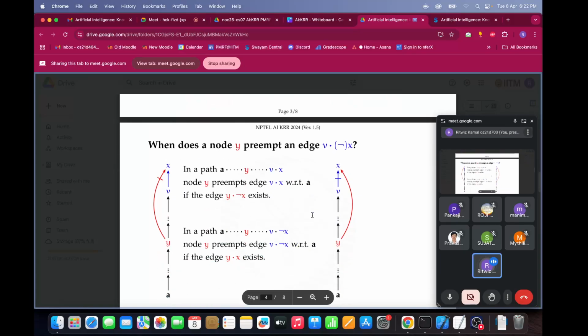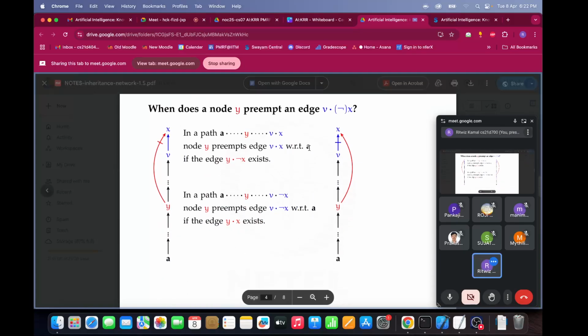First, let's have a look at what is preemption. So let's say there is again this blue positive edge from V to X. If there is some particular intermediate node from A to V, and this intermediate node has a negative edge to the final node X, which is the opposite of the kind of edge that is there from V to X, right?